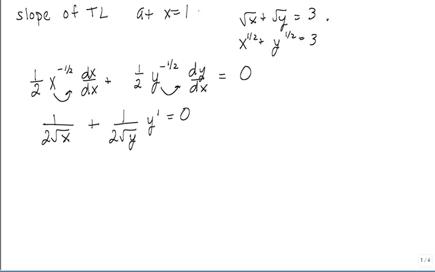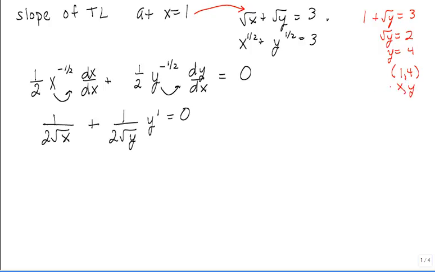Okay, let's go back here. If x is 1, then I have square root of 1, which is 1, plus square root of y equals 3. I have square root of y equals 3 minus 1 is 2, so y is equal to 4 when I square both sides. So the point I have there is (1, 4). So you have to find the y value.